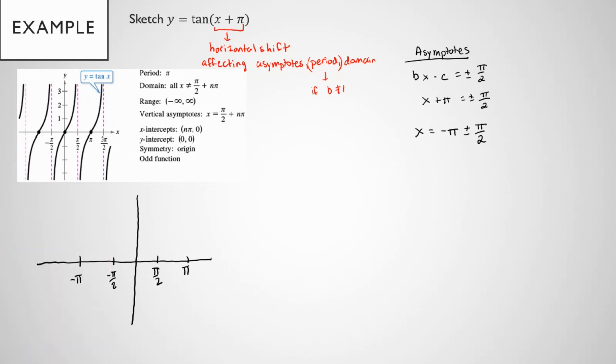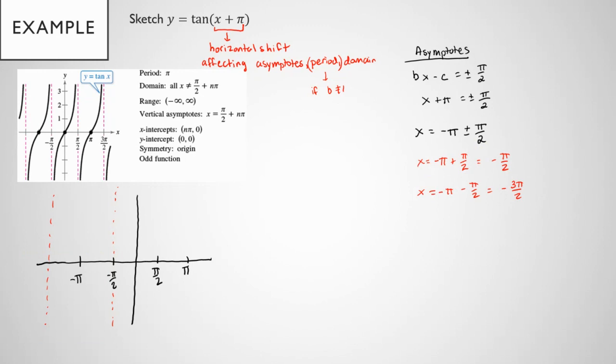So the first one, we have negative pi plus or minus pi over 2. So it's negative pi plus pi over 2, which gives you negative pi over 2. So you can see that it actually ends up in the same spot that we had before. And then if we do negative pi minus pi over 2, that's going to give us negative 3 pi over 2. So I'm going to pretend that I labeled that, and that would be right over here.